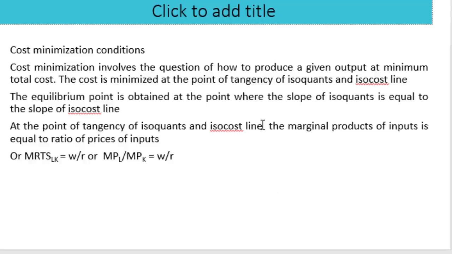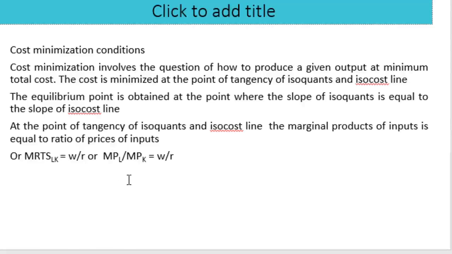It is the same as the indifference curve of the utility, or the consumer's equilibrium condition or the utility maximization condition, and the isocost line shows the price ratios of various inputs. Here, the equilibrium is obtained when the marginal rate of technical substitution of labor for capital, this is the slope of isoquants, is equal to W by R. W is the price of labor, the wage, and R is the price of capital.